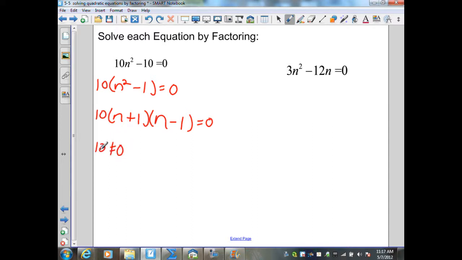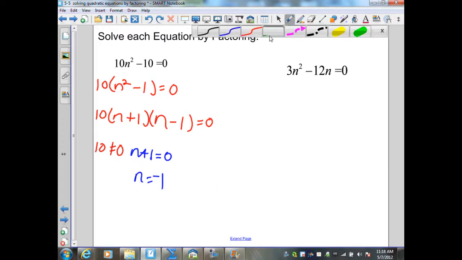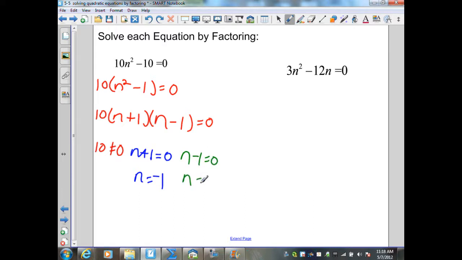I still have to put that there as a reminder, just in case there's a variable there. Next, n plus 1 equals 0. Subtract 1 on both sides. I get n equals a negative 1. And finally, n minus 1 equals 0. Solving, I get n equals 1. And here are my solutions.